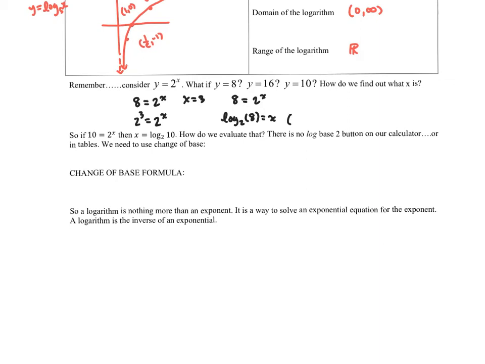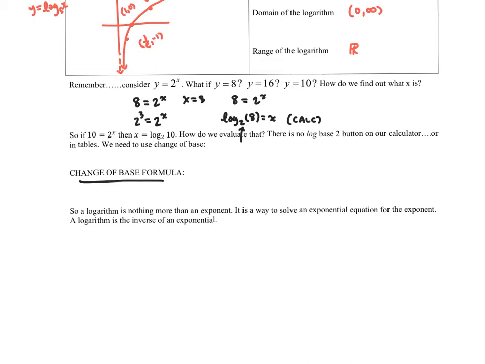Of course, if you didn't already know that 2 to the third was 8, you could use your calculator for that. But the older calculators you couldn't. Nowadays you can. But when we didn't have the ability to use base 2, we had to use something called the change of base formula.